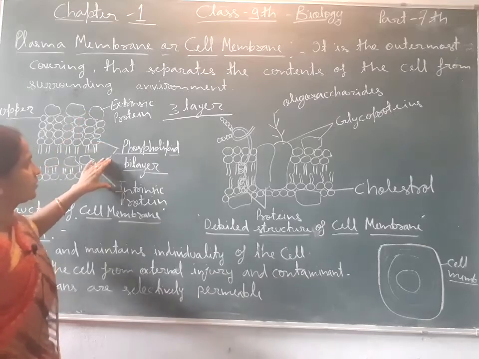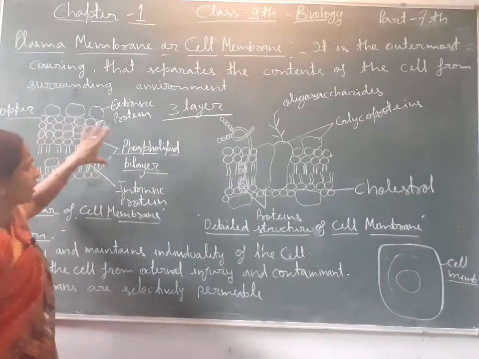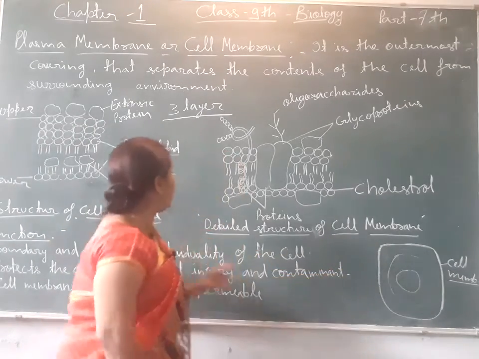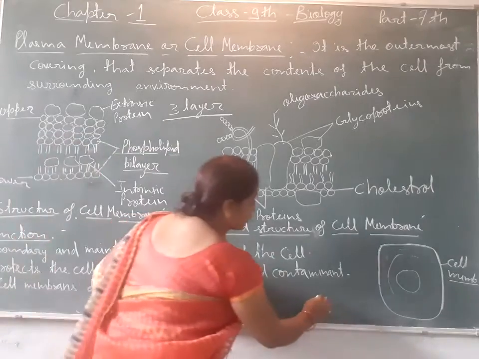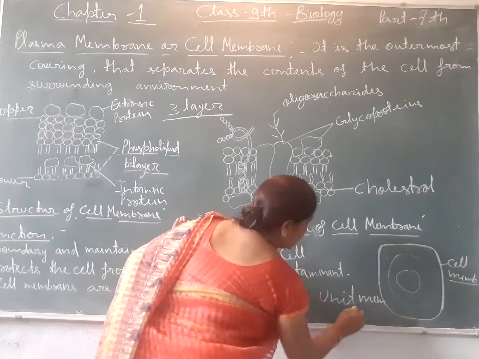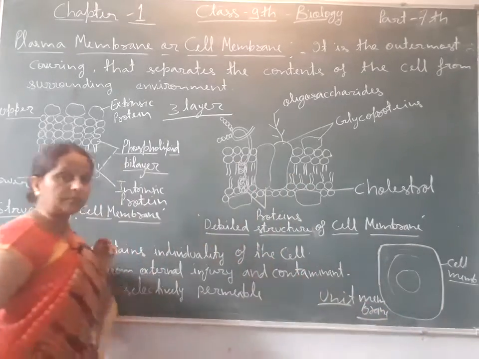So, totally it is formed by 3 layers. This type of structure of the cell membrane is called the unit membrane structure.